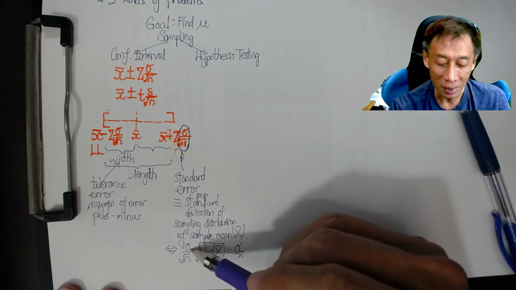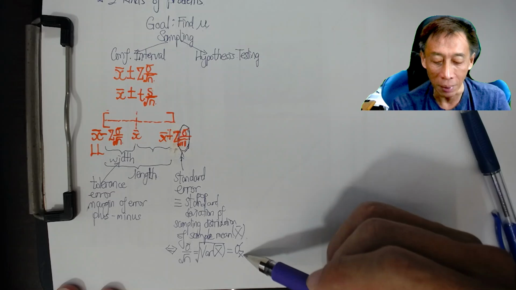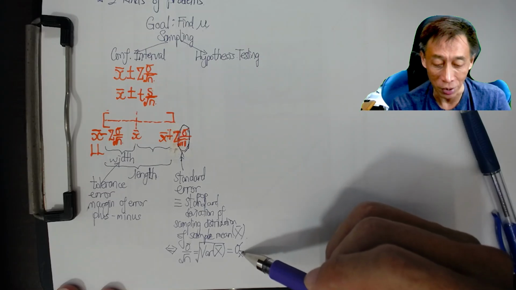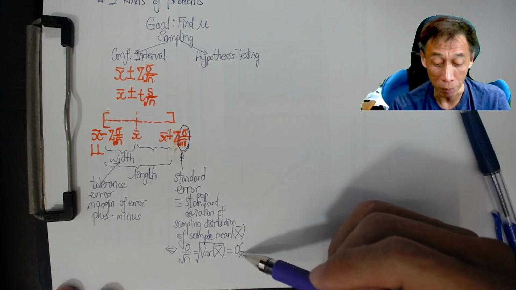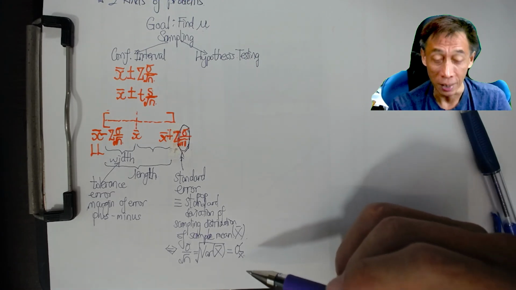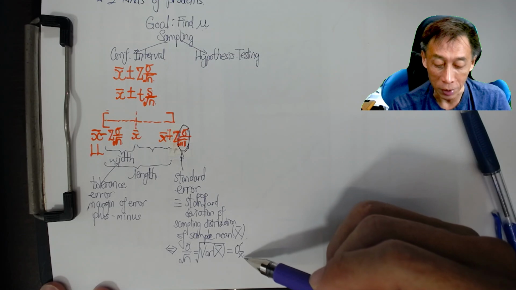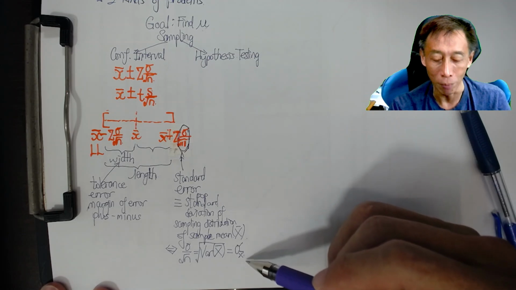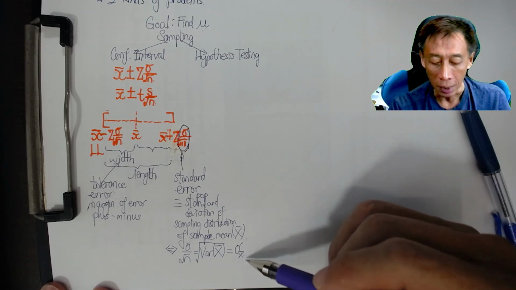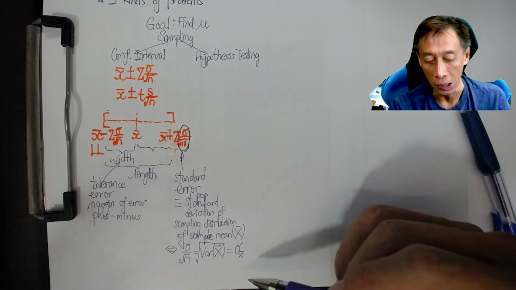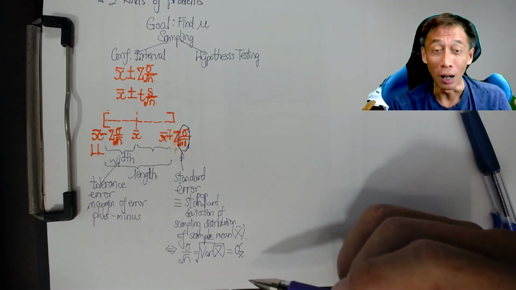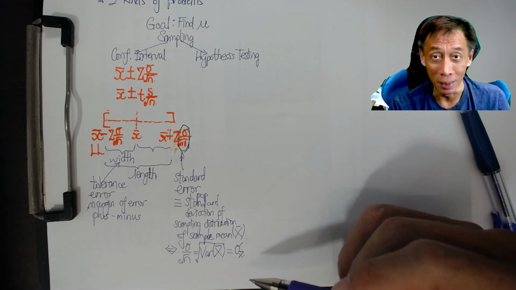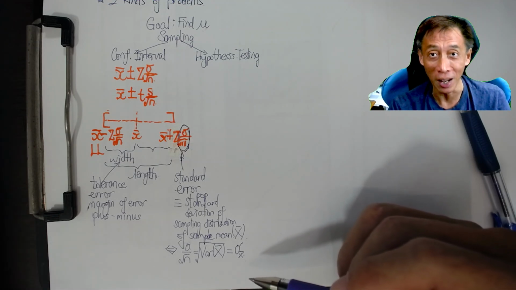So if we say sigma is just sigma X, then sigma X bar is the population standard deviation of X bar, the sampling distribution of sample mean with a sample size of n. We have dropped the suffix n from the X bar. You notice that now, because n is going to be a single number. We're not going to do different experiments where n equals 3, n equals 10, n equals 12, right?